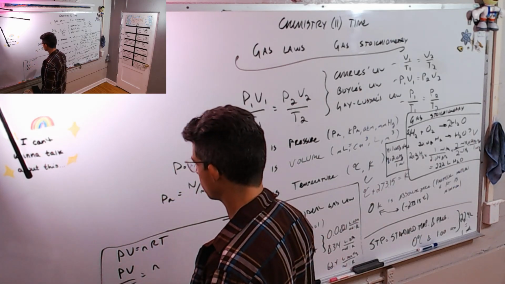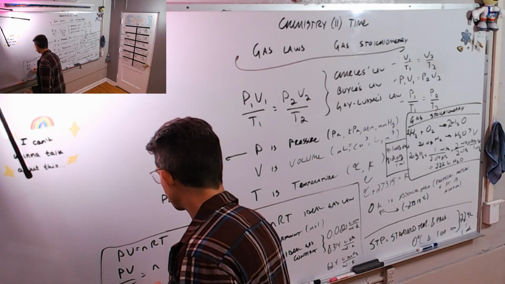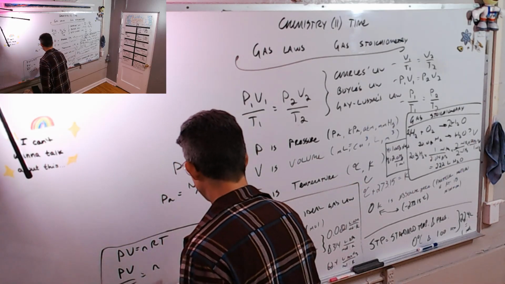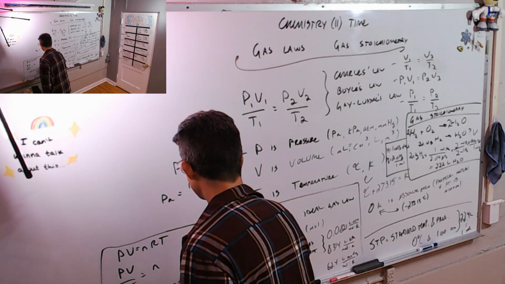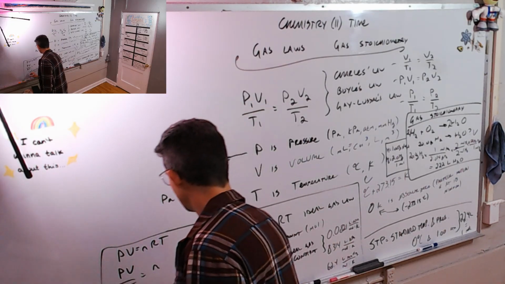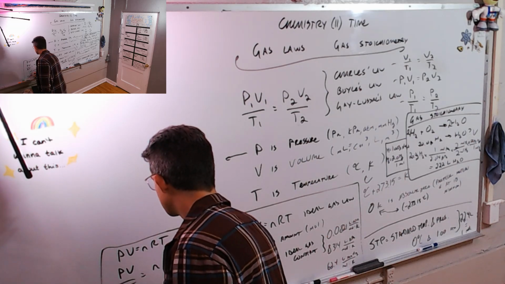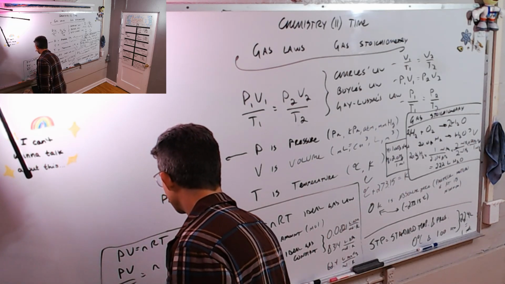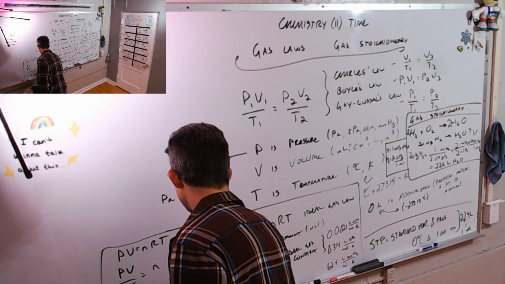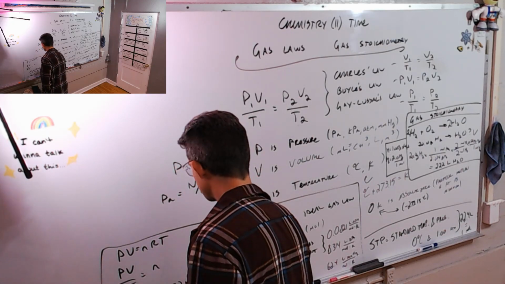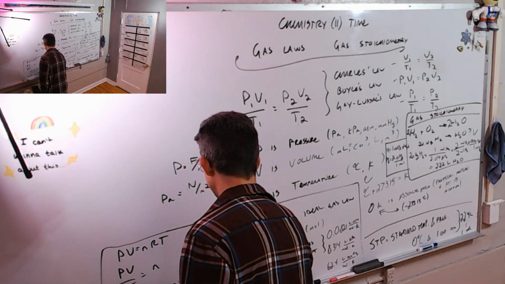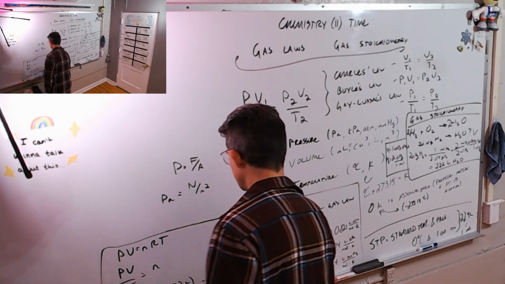Let's say the pressure is 1.03 atmosphere. We had our volume of 222 liters. R, if we're using atmospheres, is 0.0821 atmosphere liter over mole Kelvin. And our temperature, let's say it's at room temperature, so 293.15 Kelvin. That will give us our n.